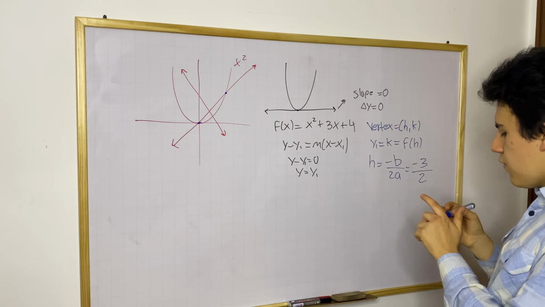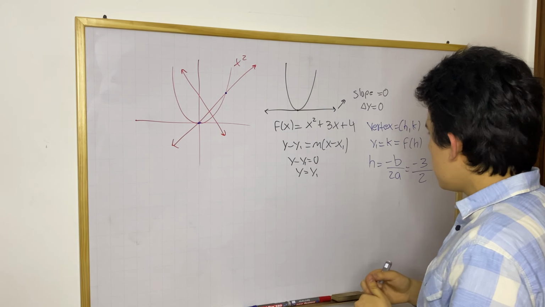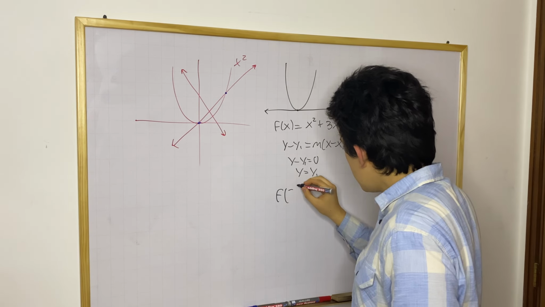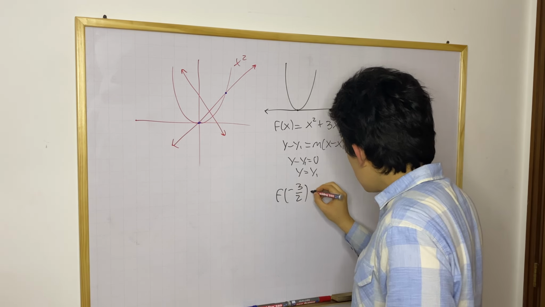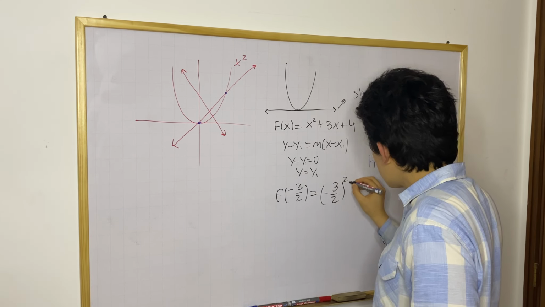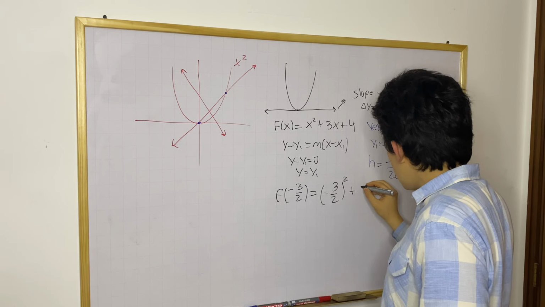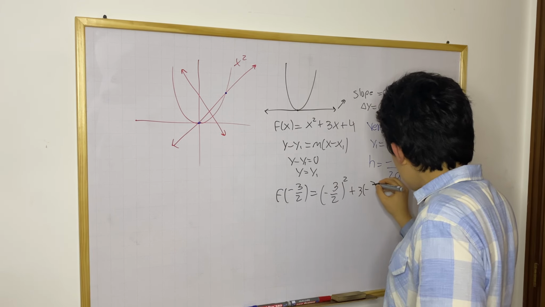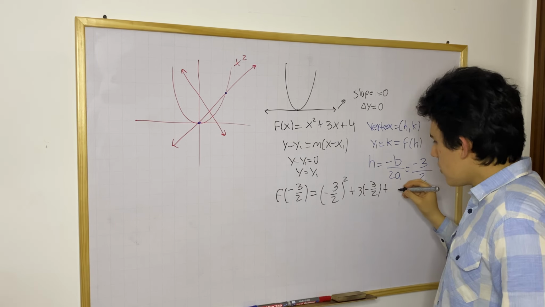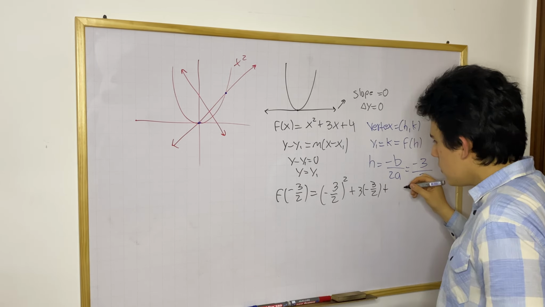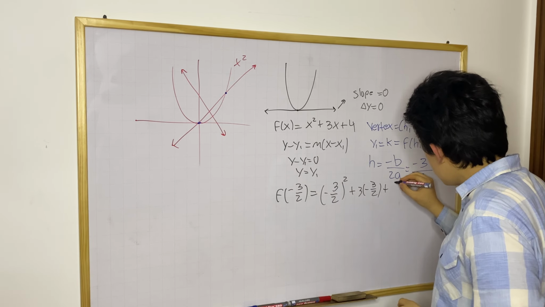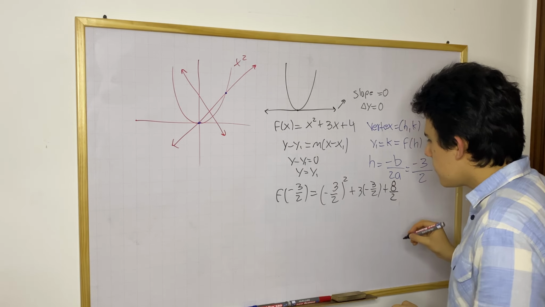Now, if we evaluate the function at that x value, then we have that f of minus 3 over 2 is going to be equal to minus 3 over 2 squared plus 3 times minus 3 over 2 plus 4, which is just gonna be 8 over 2, okay?